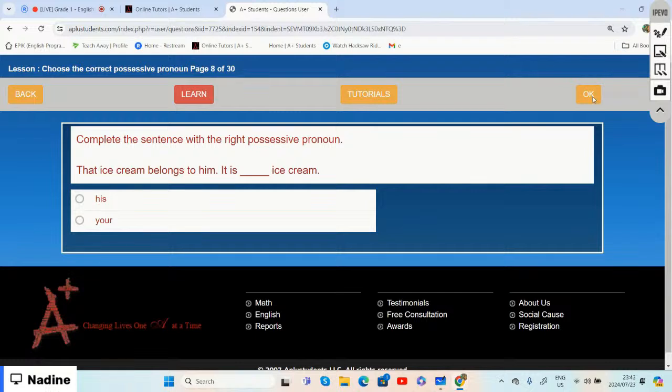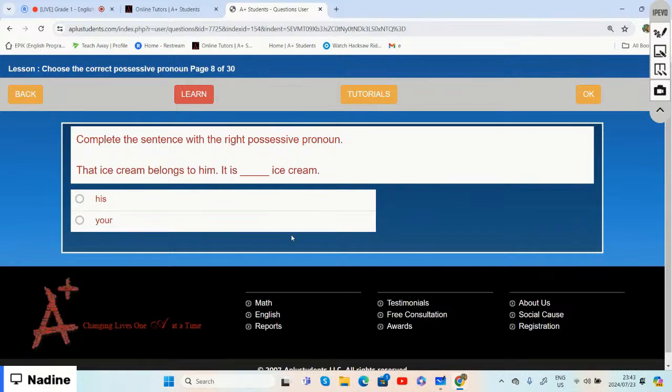The next one says that ice cream belongs to him. All right, so we can say that ice cream belongs to him.